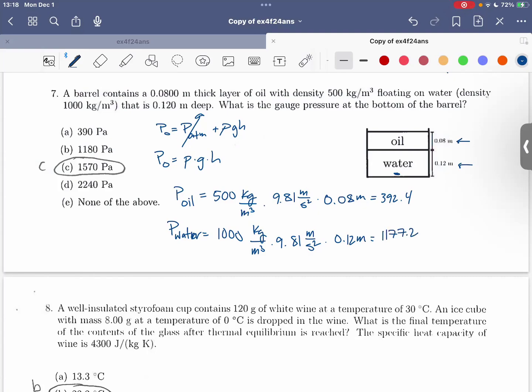Okay, and then you add these two together, and that gives you 1569.6.